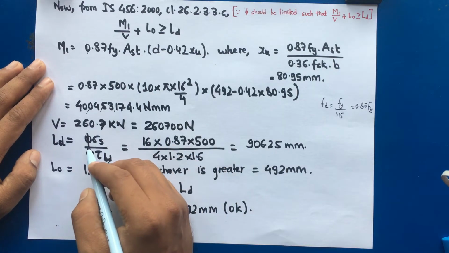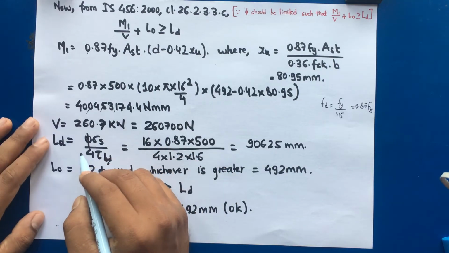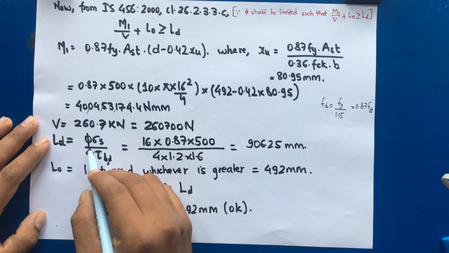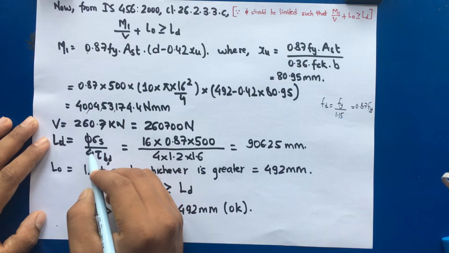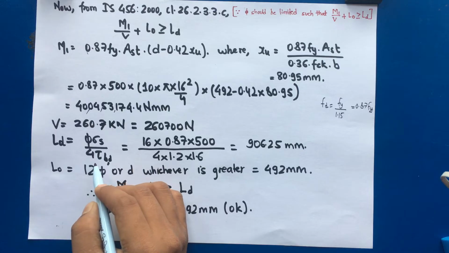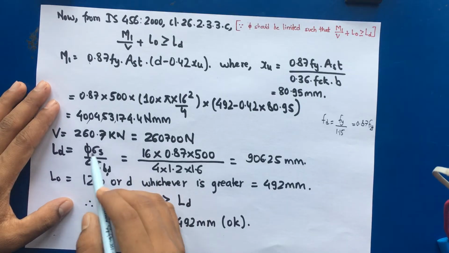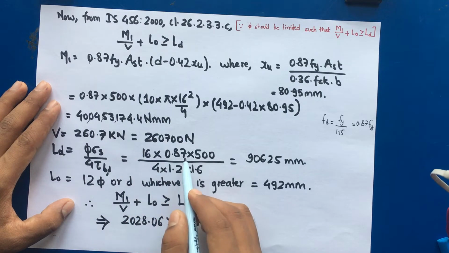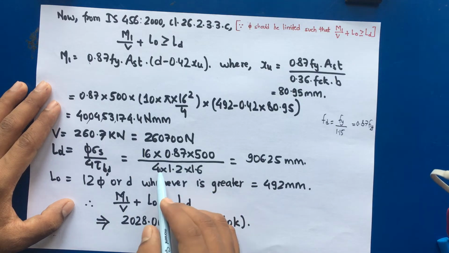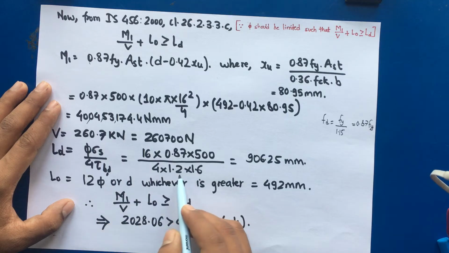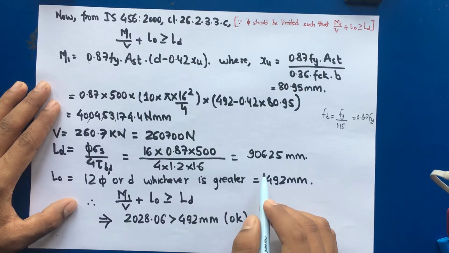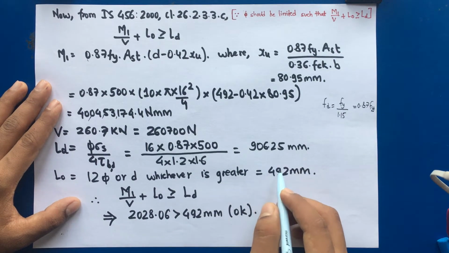Similarly, the development length, also from the code, LD is equal to phi sigma s by 4 into tau BD, where phi is the bar size, sigma s is the design stress, and tau is the bond stress. So 16 into 0.87 into 500, the design stress, by 4 into 1.2 for M20 concrete into 1.6, that is increased by 60% for deformed bars, so this comes as 906.25 mm.